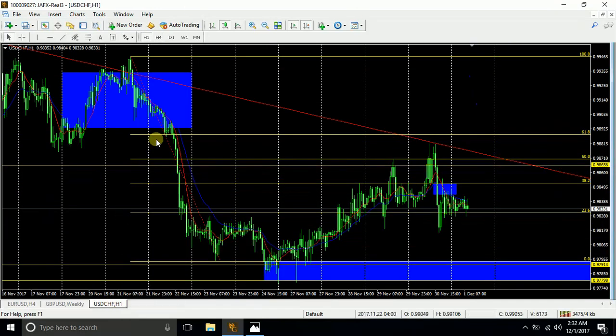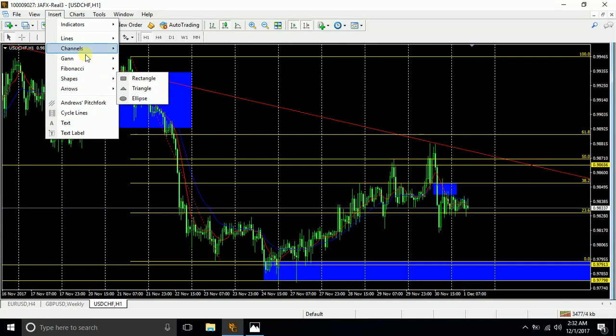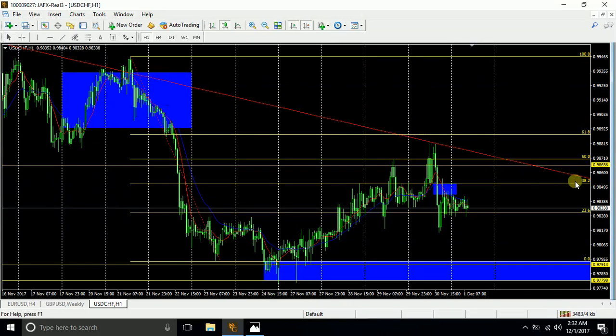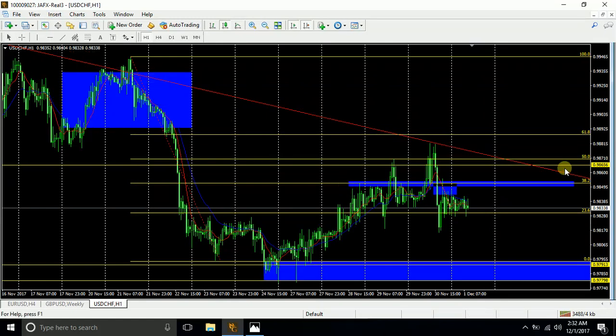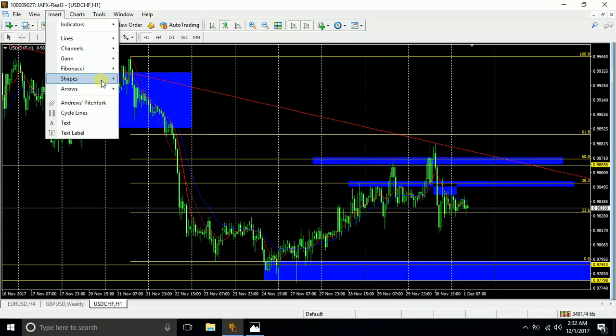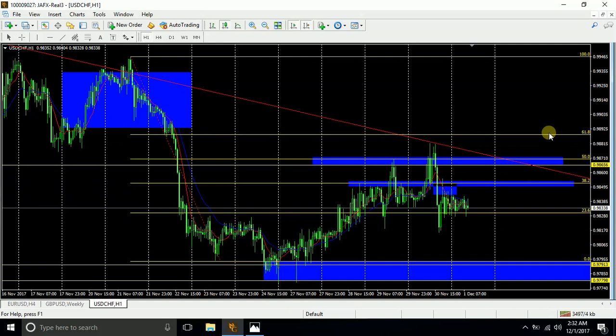But on the USD CHF, going from high to low, we'd be looking for a reversal at the 31, the 50, or the 61.8. In this situation, we had a trend line touch at the 50.